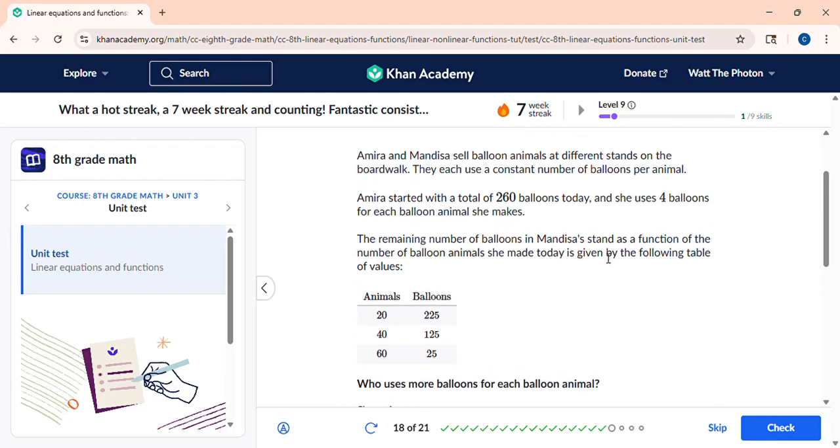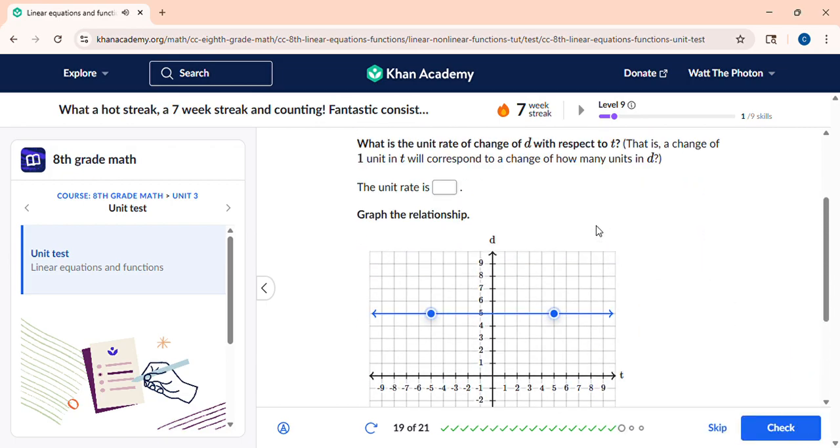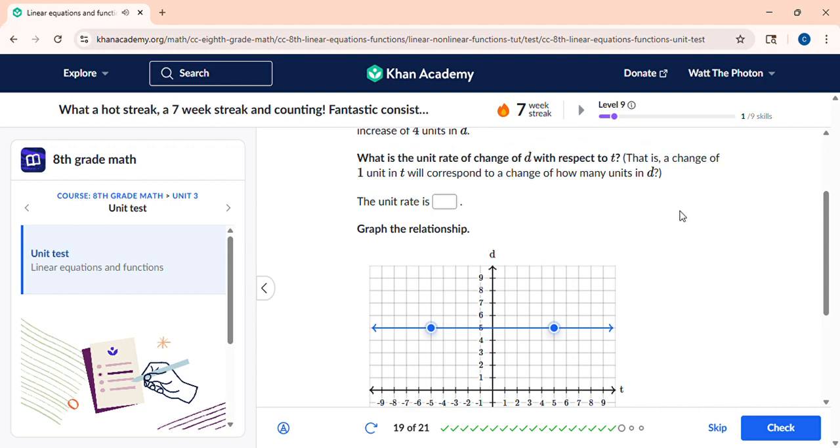So 20 times 4, and 20 times 5, that's 325 versus 260 divided by 4. They both have 65, yeah.